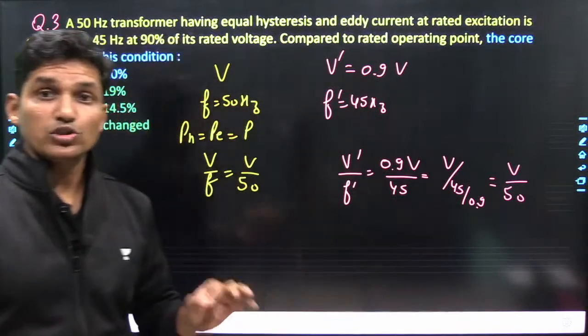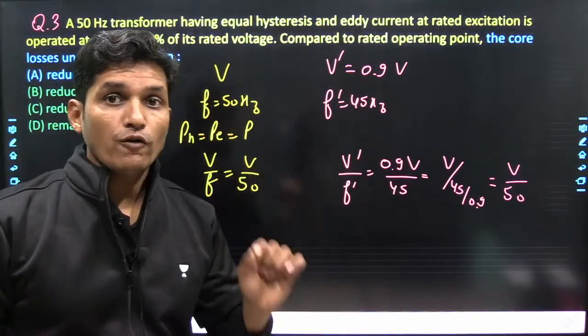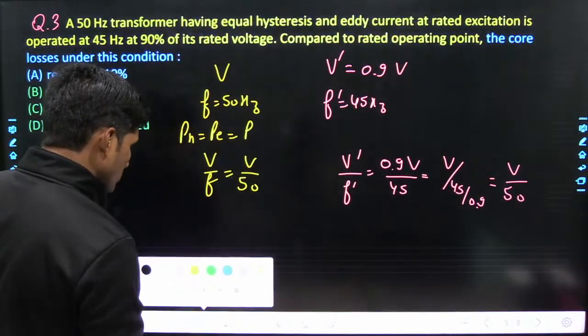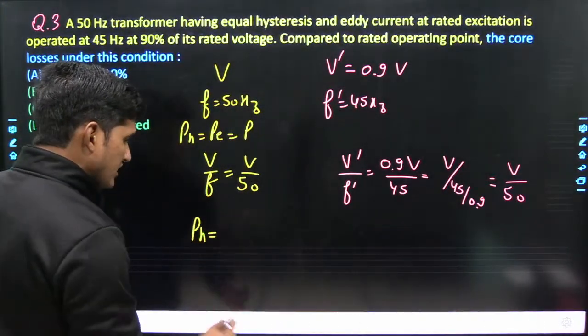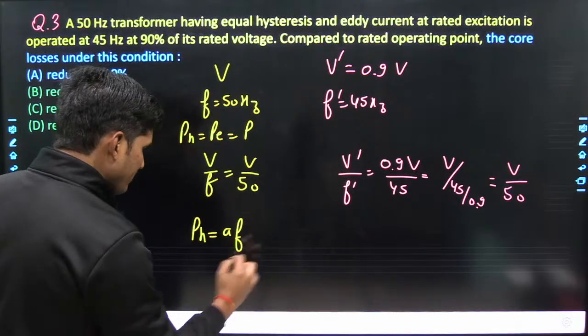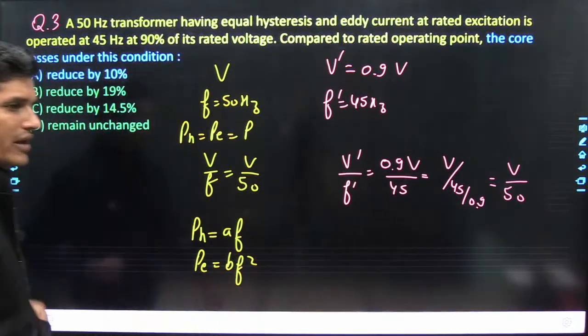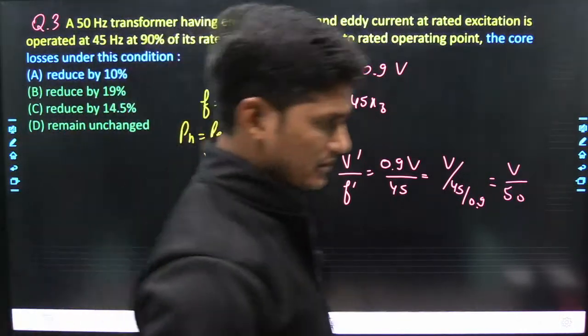That means in this question also the ratio of V by F is kept constant. That's why hysteresis loss is directly proportional to frequency and eddy current loss is directly proportional to frequency square. A and B are the constants.